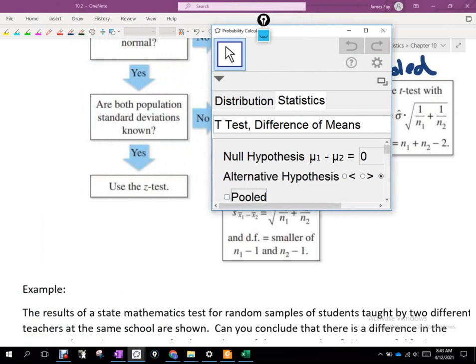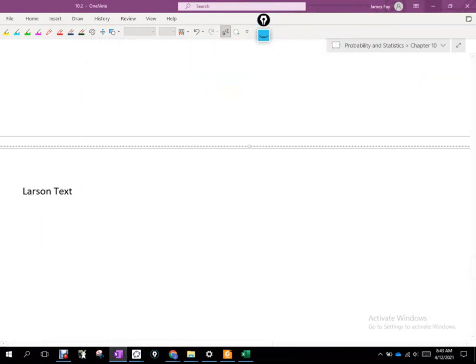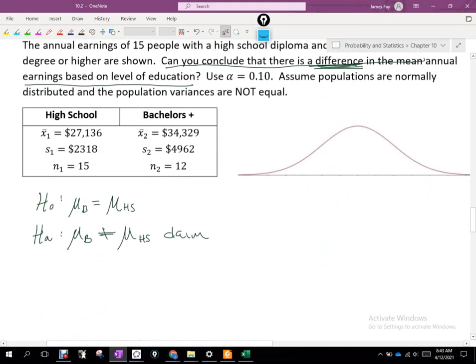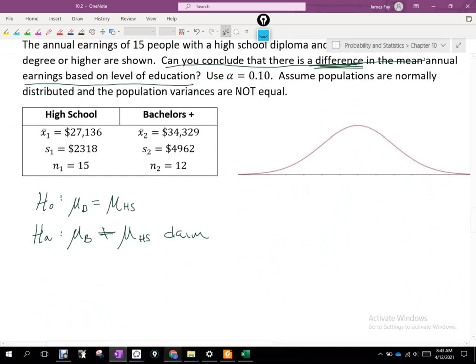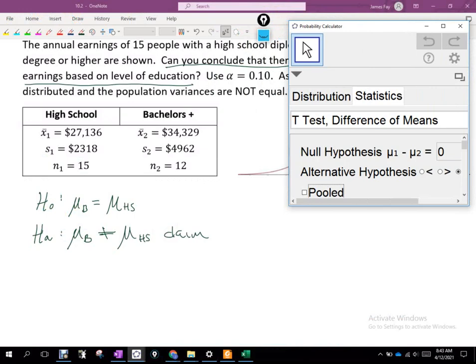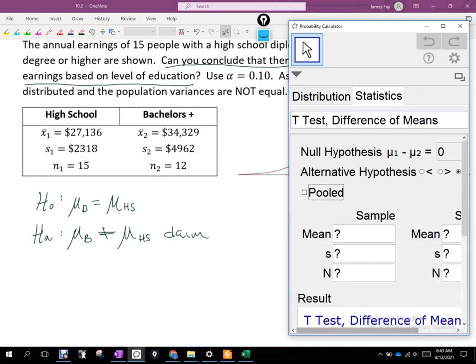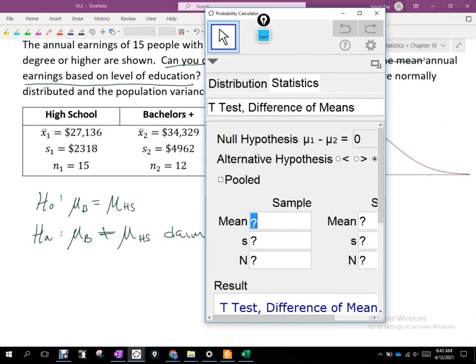Now you can see that the rest of the input is very similar to what we see in this summary of our data. We have to type in the mean, 27,136. The standard deviation of that sample, 2318, and our sample size of 15.